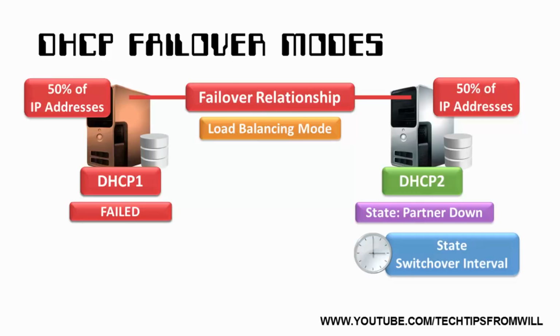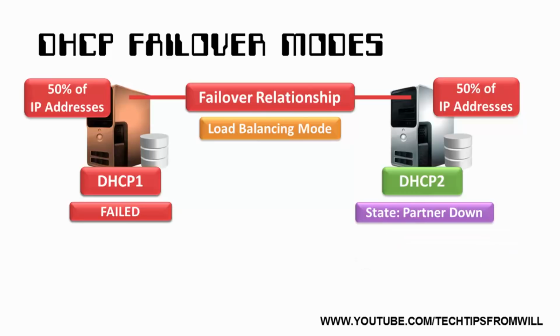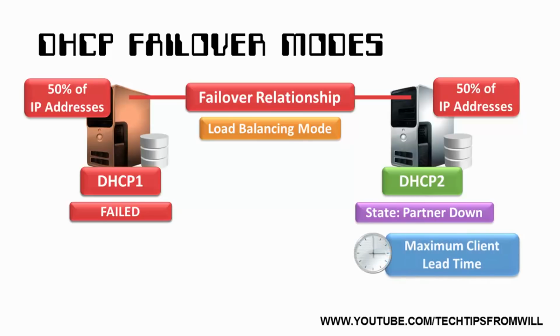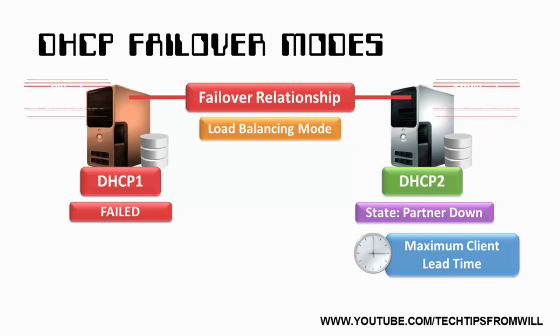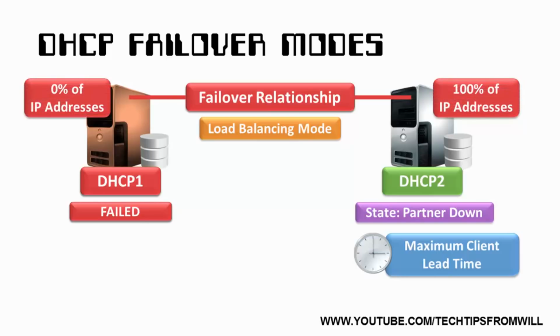When the server enters the partner down state, another countdown starts, called the maximum client lead time. Again, the length of this can be configured by an administrator. When the maximum client lead time expires, DHCP Server 2 will assume control of the entire IP address range, including the IP addresses that DHCP 1 was initially responsible for.